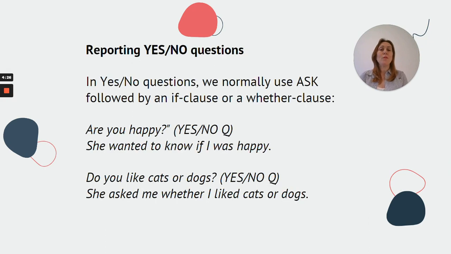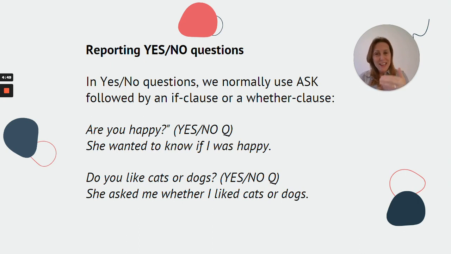In the case of yes-no questions, we normally use ask followed by an if clause or a whether clause, as I said before. "Are you happy?" She wanted to know if I was happy. "Do you like cats or dogs?" She asked me whether I liked cats or dogs.